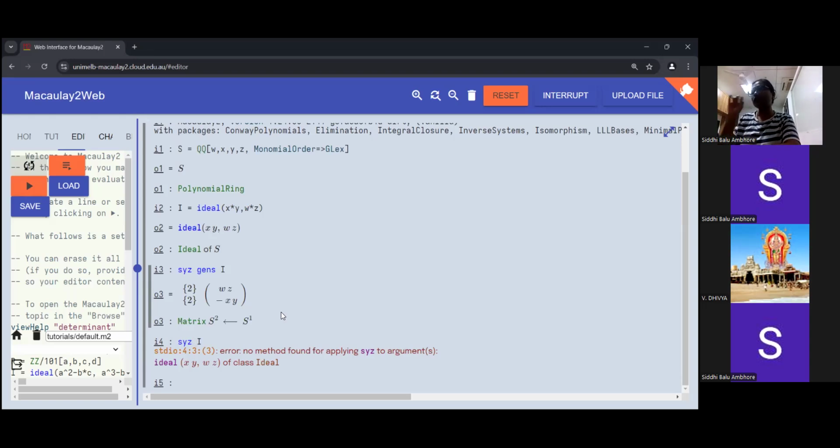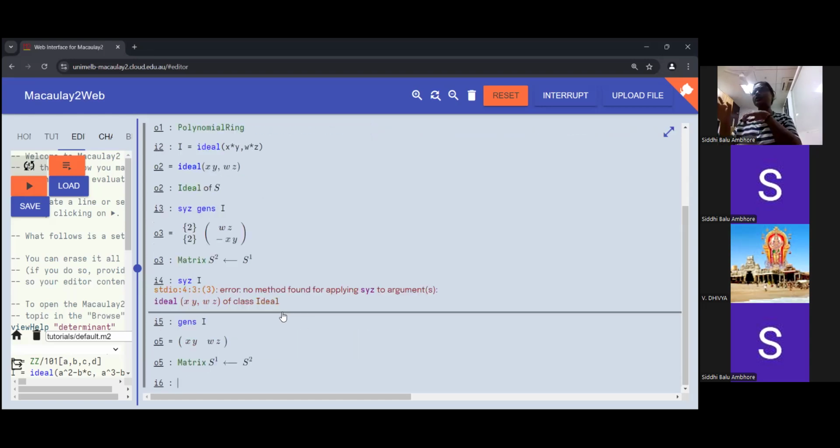That's why, instead of writing just CGG of I, we wrote CGG of gens I, because gens of I converts the generators of the ideal into a matrix, which gives a matrix input to the function CGG.